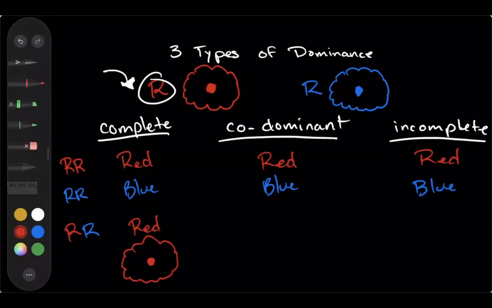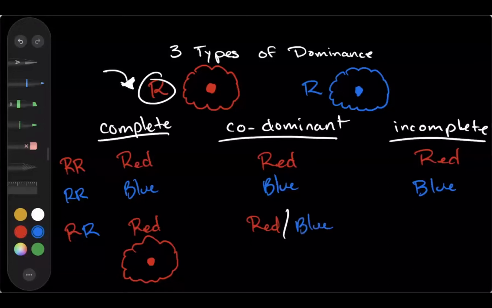Now, in codominance, it gets a little bit more interesting because in this scenario, both alleles would be dominant and both would be expressed. So you would have not a red flower, but you would have an interesting flower. You would have a red-blue flower.